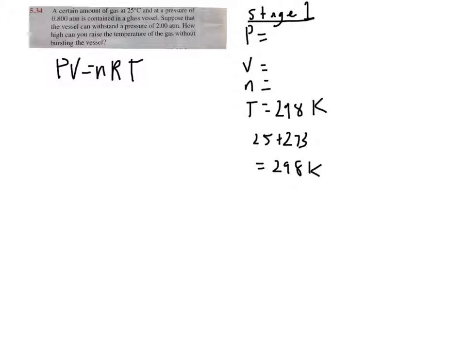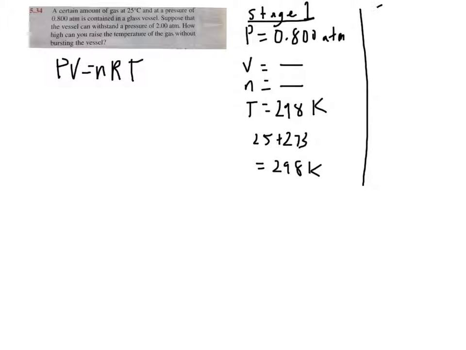So stage 1, we have a gas. It is at 298 Kelvin, and it has 0.800 atmospheres of pressure. If you read the rest of the problem, we get no more information. We don't get the volume, so no volume, no moles. So we don't know what those are.